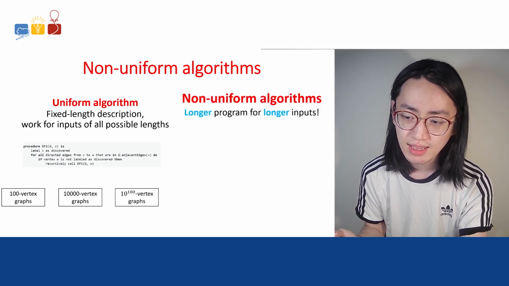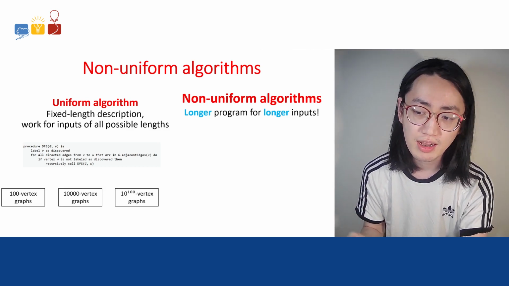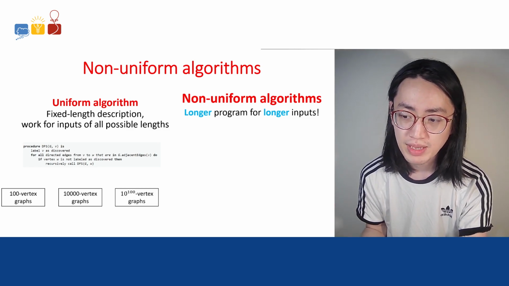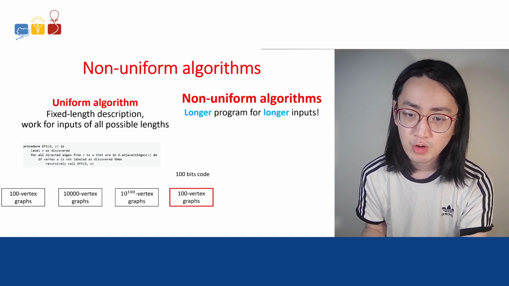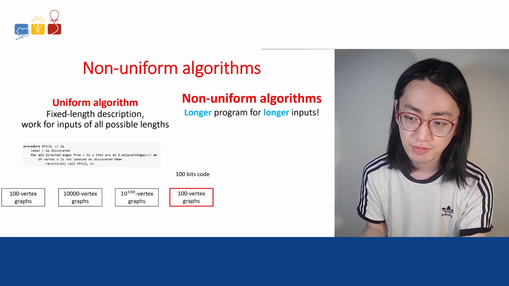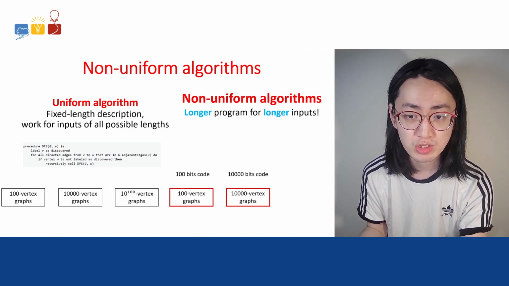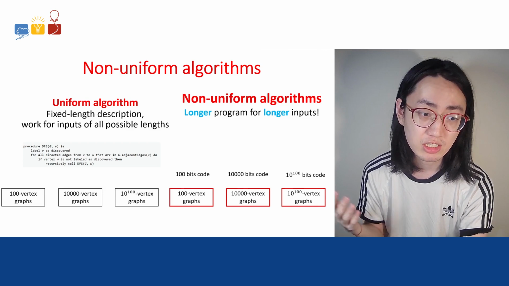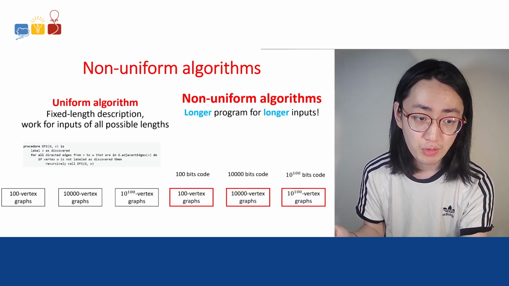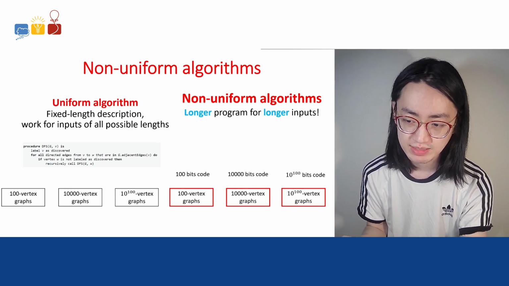On the other hand, a non-uniform algorithm can use longer programs for longer inputs. For example, in a non-uniform algorithm, one may use code of 100 bits to solve the problem on 100 vertex graphs. But we can also use much longer programs to solve the problem on much larger graphs. So the size of the program can grow with the size of the input.